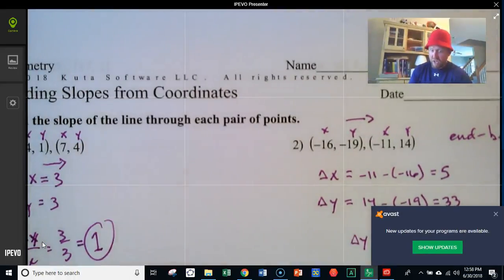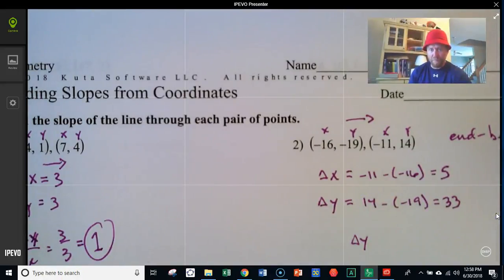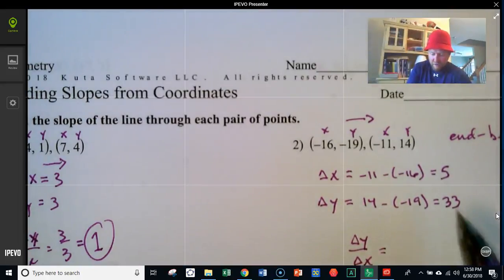So our change in y over our change in x is 33 over 5.